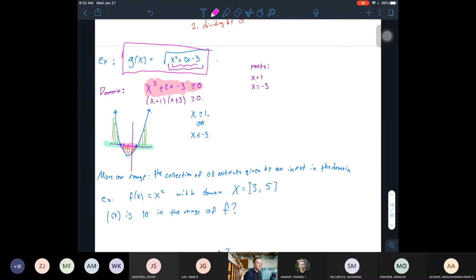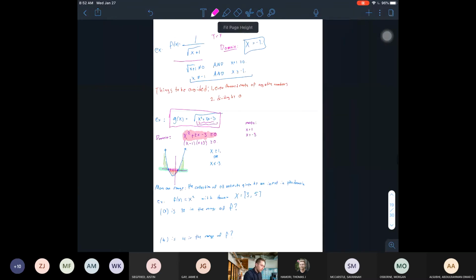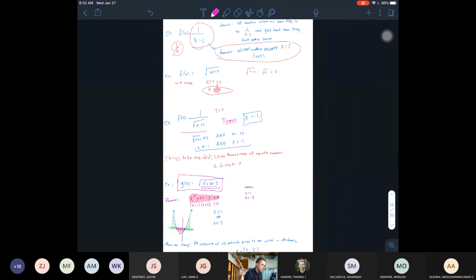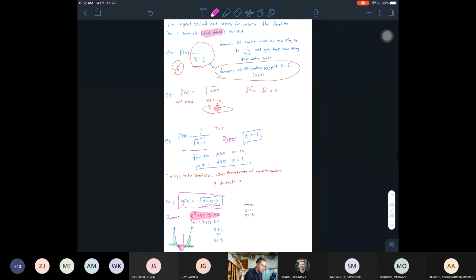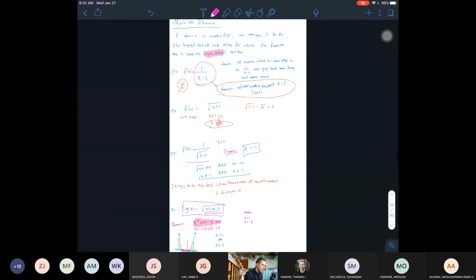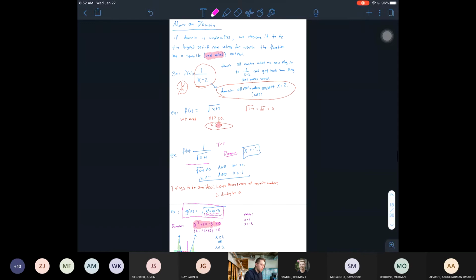Okay. So before we move on and talk about range, let me ask, are there any questions about domain and more specifically, maybe computing the domain when it's unspecified? So taking functions and trying to interpret the domain of the function just from the rule.